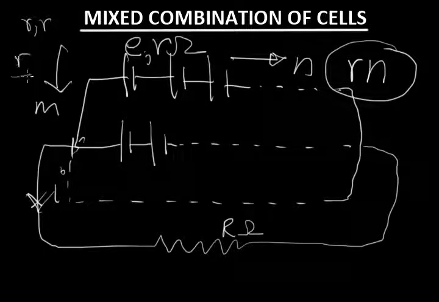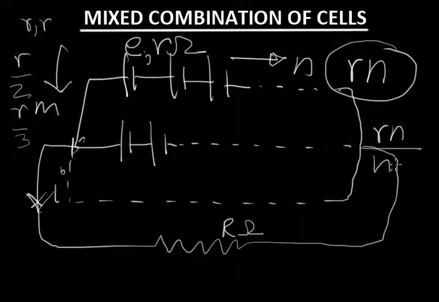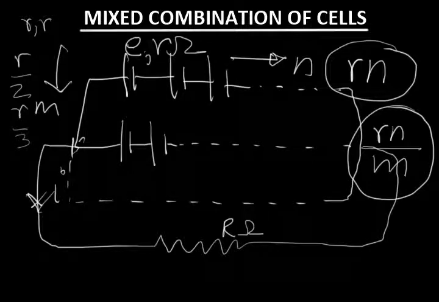Then we know that the equivalent resistance is r by 2. When there are three resistances in parallel, the value is r by 3. So when there are resistances nr and m number of rows, the equivalent resistance is nr by m.